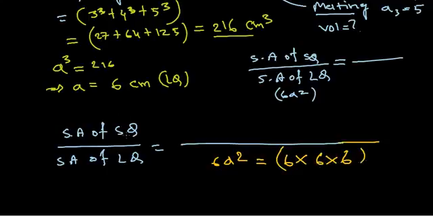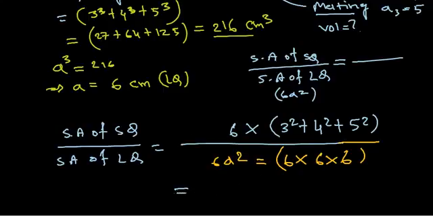And in the top, surface area of small cube will be calculated like 6 into, so let me write it, 6 into, and the values here will be 3 square, remember 6a square, so a is 3 for the first one, second one 4, 4 square, third one 5, 5 square, so that will be it in this case, right? So this is again 6a square, so just write it.